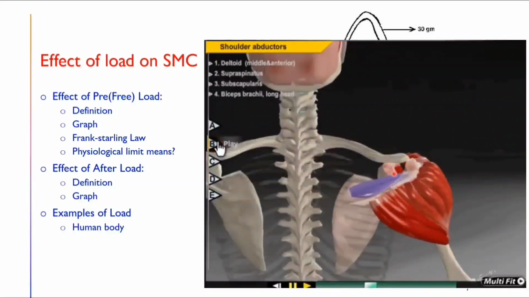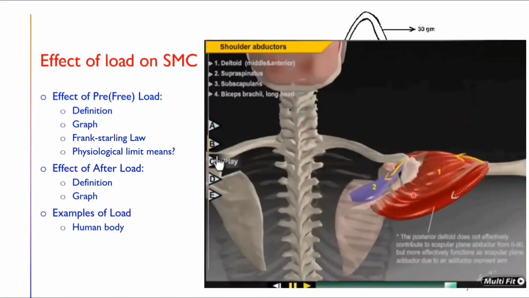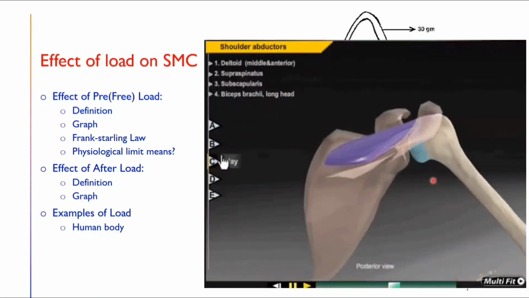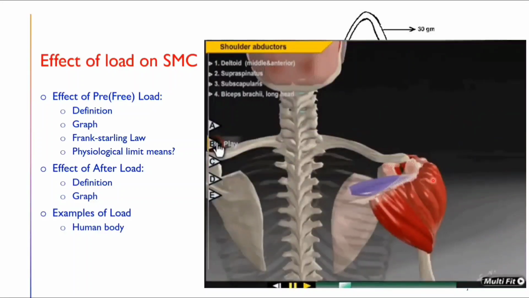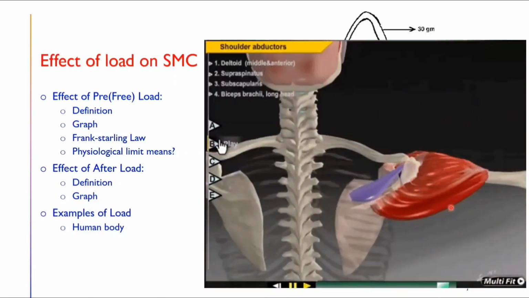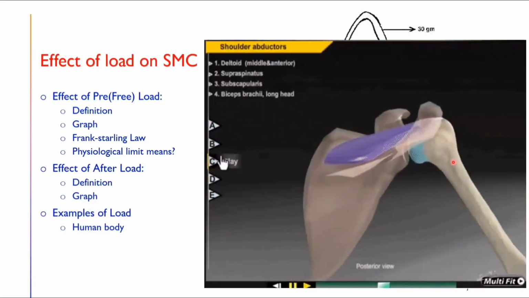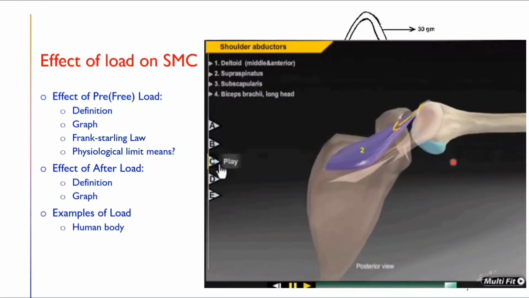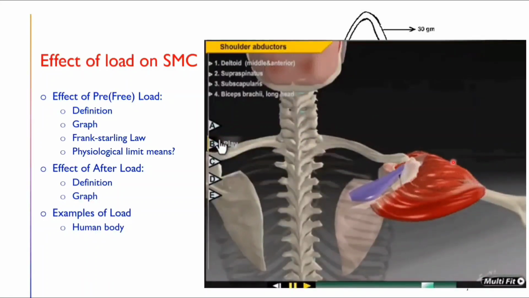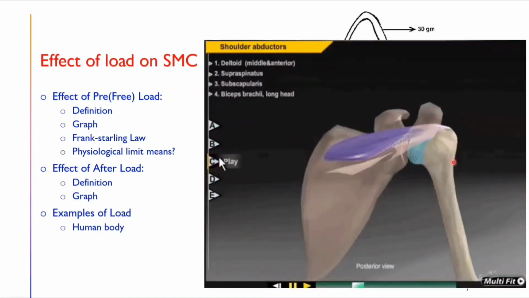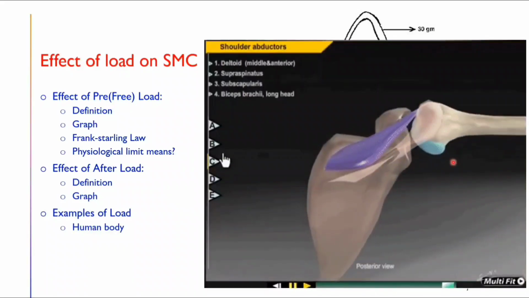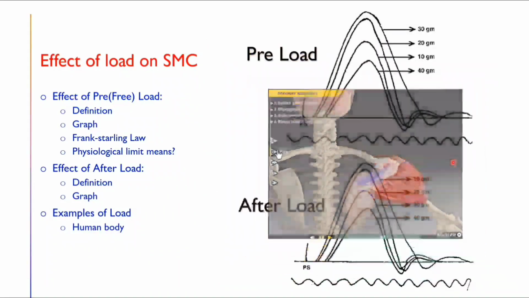Deltoid takes the load of the limb only when it rises above the waist level. So for deltoid it is afterload, after lifting the limb above the waist level. So when you lift a load in abduction, below the waist it is preload, above the waist it is afterload. This is the example in the human body.